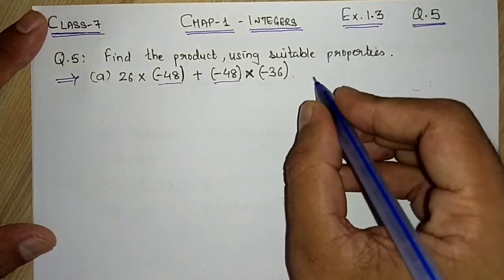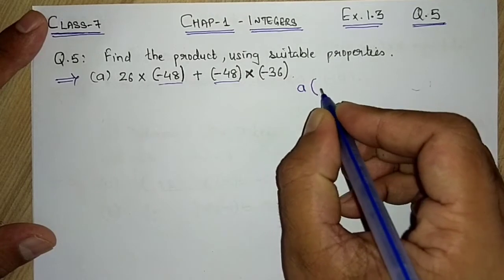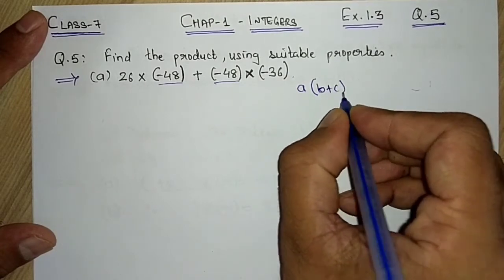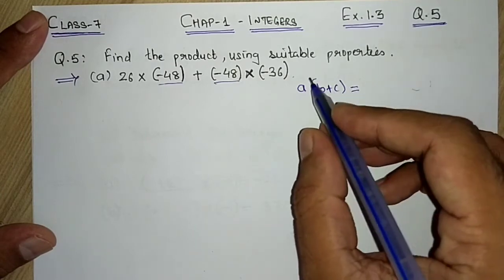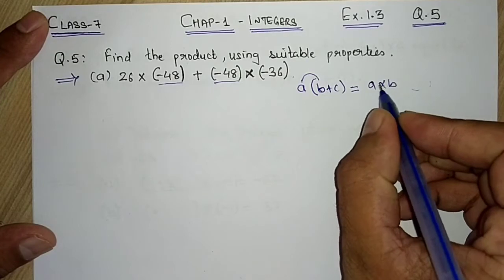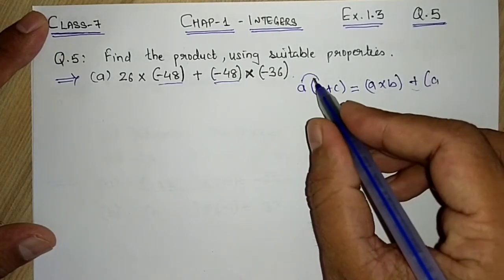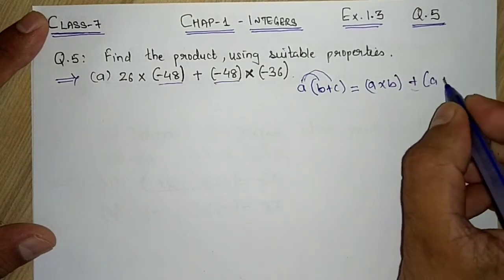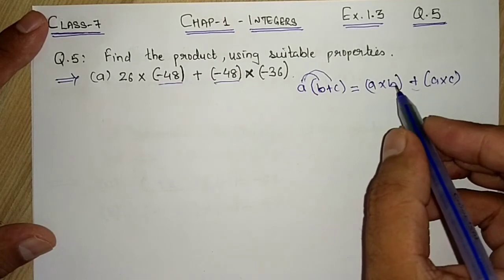What does it say? Distributive property: A into bracket B plus C. If they have given you this, what do you have to do? A into B, A multiplied by B plus A multiplied by C. Now students, watch it carefully.